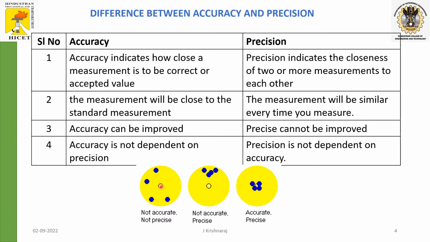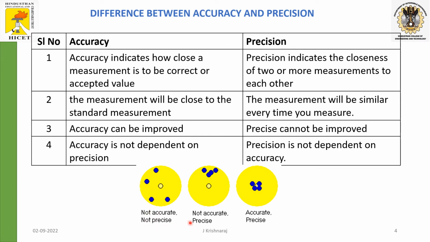For example, the true value is 10 mm, and measured value reading 1 is 8.1 and reading 2 is 8.5. There is a difference among the readings, so it is not accurate and not precise.